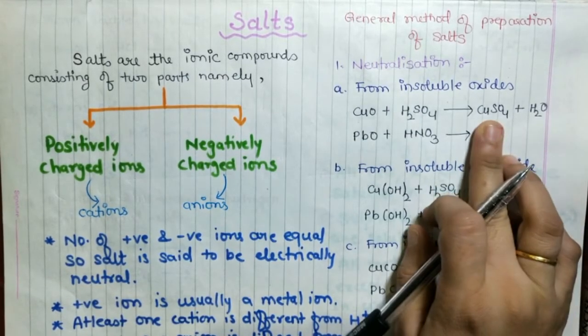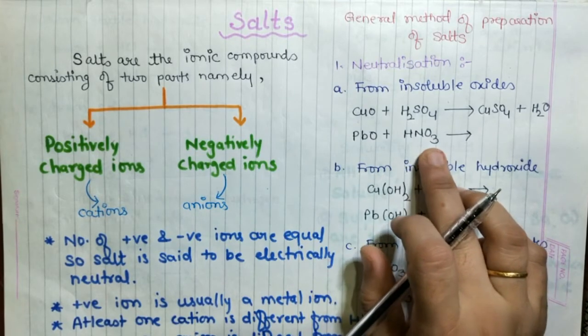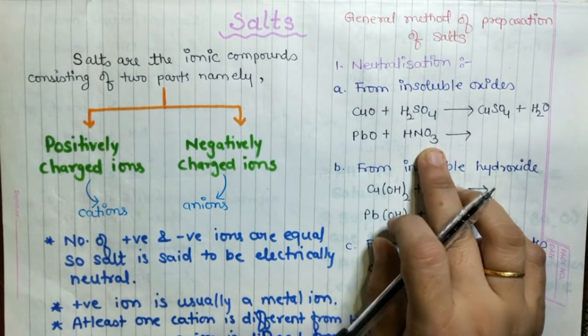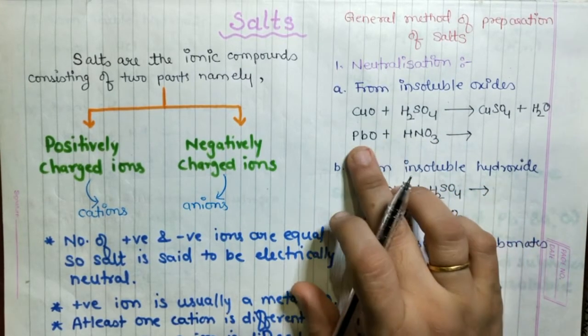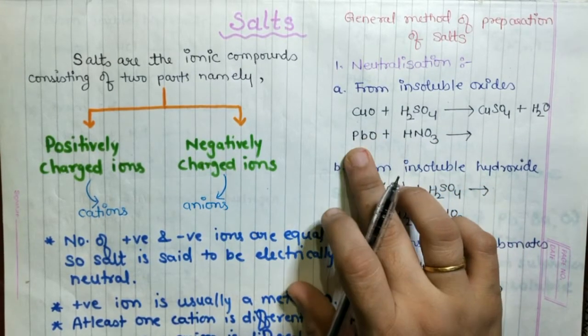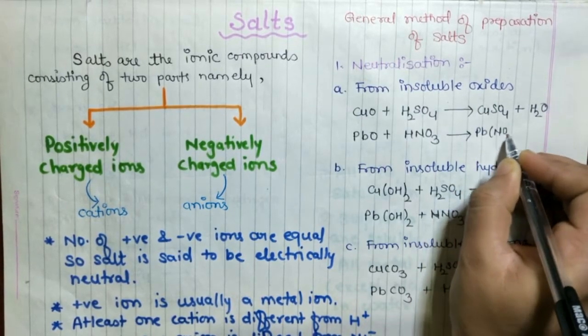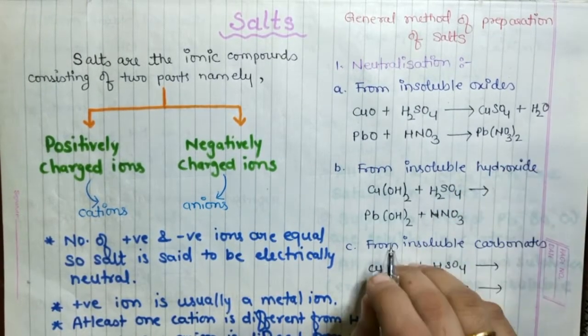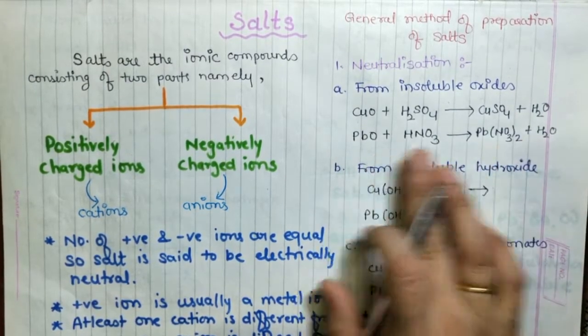So your copper sulfate will be a salt. Same if we talk about lead oxide and nitric acid: the negative nitrate will go along with the positive lead, and you will get lead nitrate plus H2O. So in this way you can get the reaction.